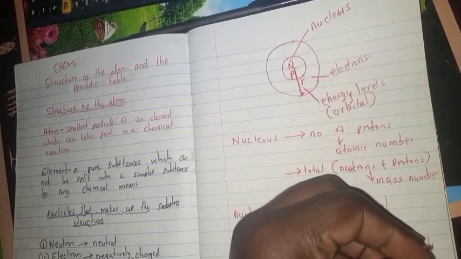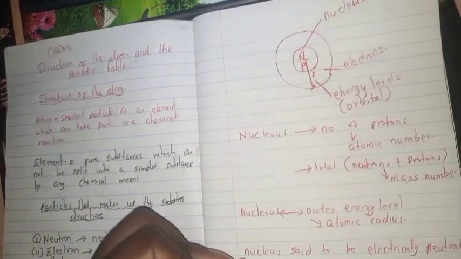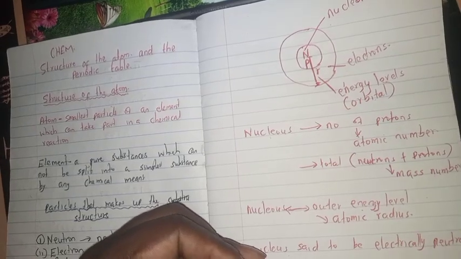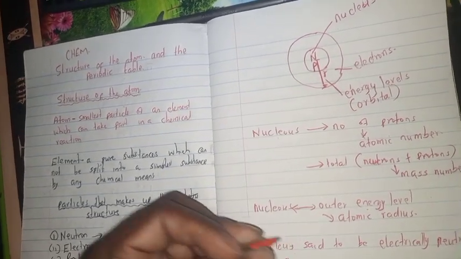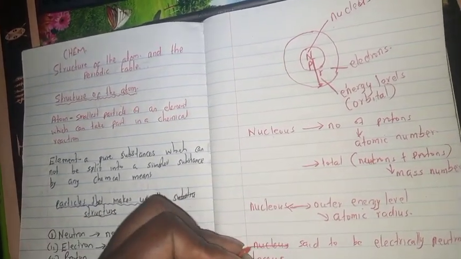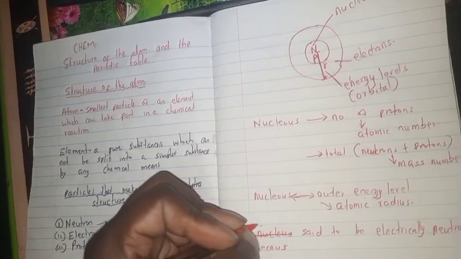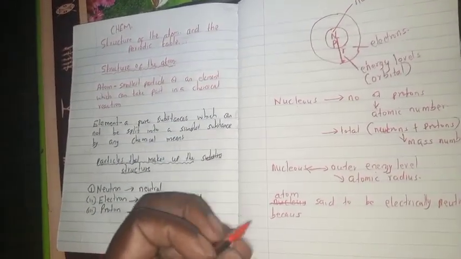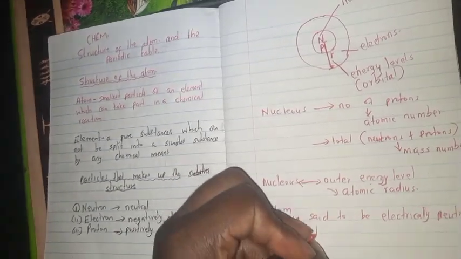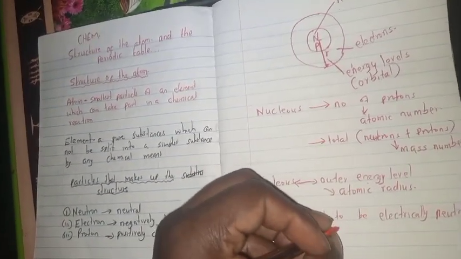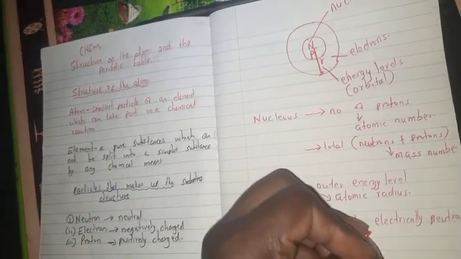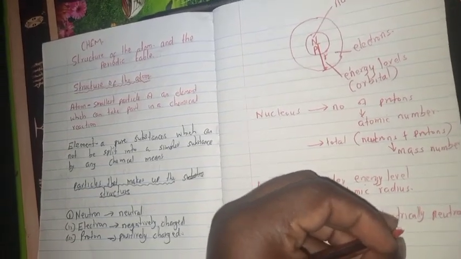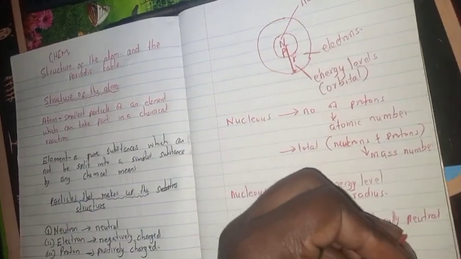We are not talking about the nucleus, we are talking about an atom. An atom is said to be electrically neutral because the proton number is equal to the electron number.